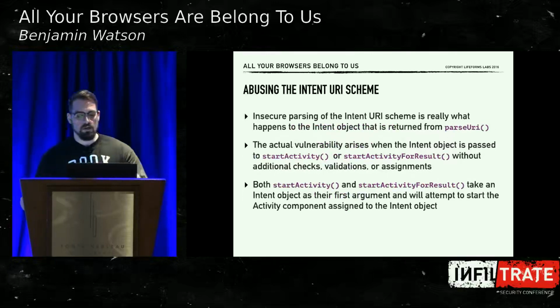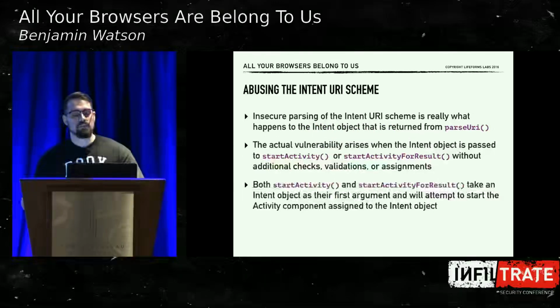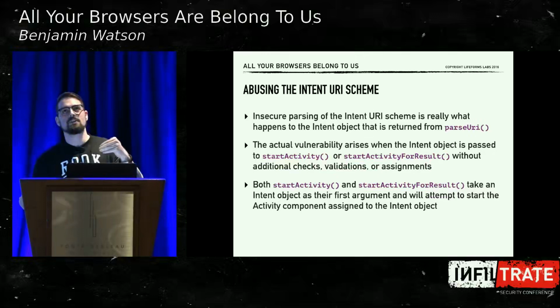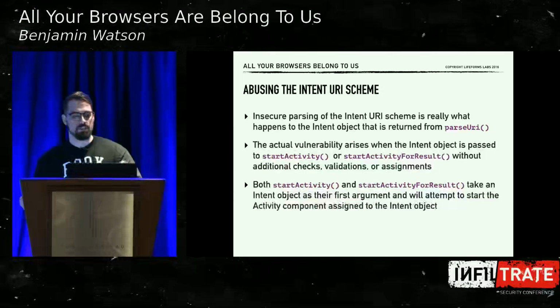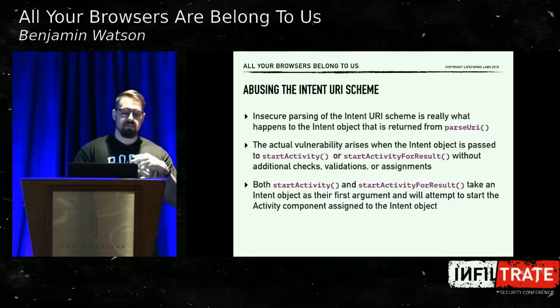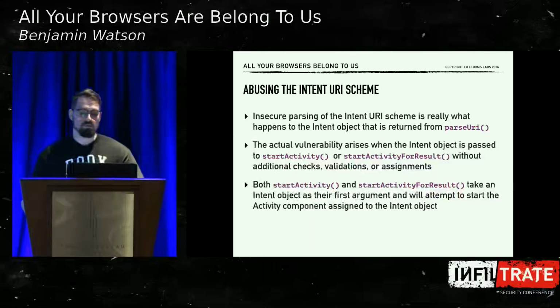The insecure part of handling the intent URI scheme is not the parseUri method. There's nothing insecure about the way that method walks through its operations of generating a new intent. It's specifically what happens to that intent after it's returned and passed to a method like startActivity or startActivityForResult.